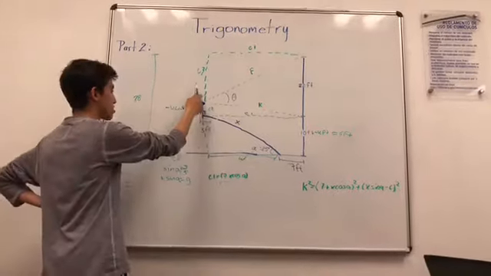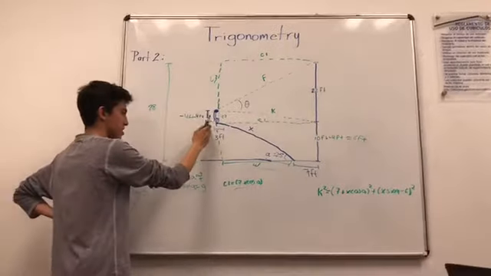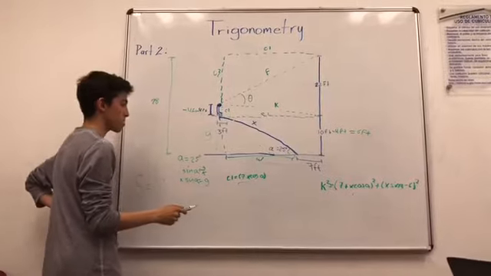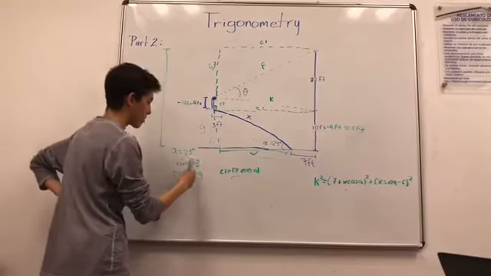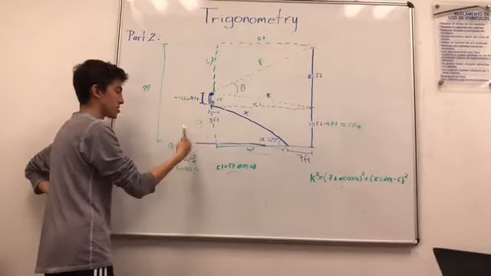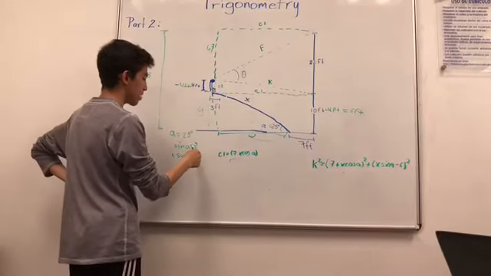So now to get C3, we need to get the height of this triangle, and we are going to get the height of this triangle by using sine of A equal to G, or opposite side, over x.